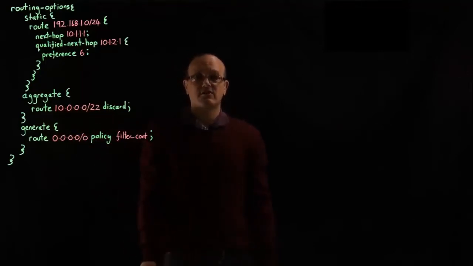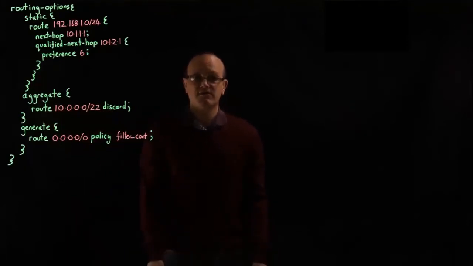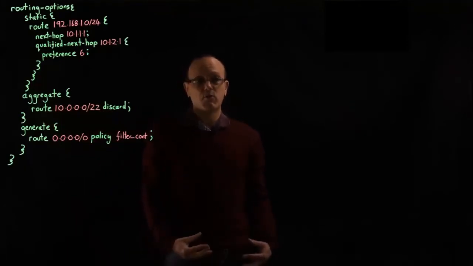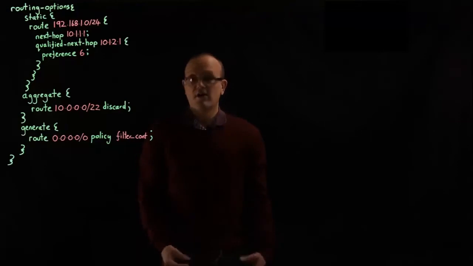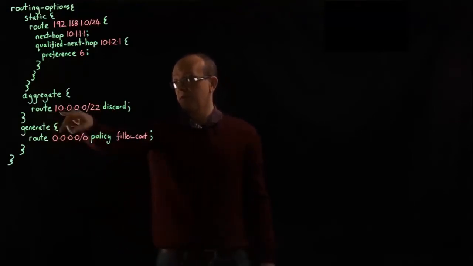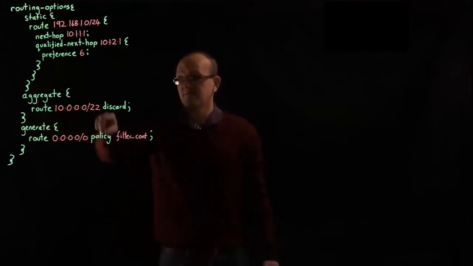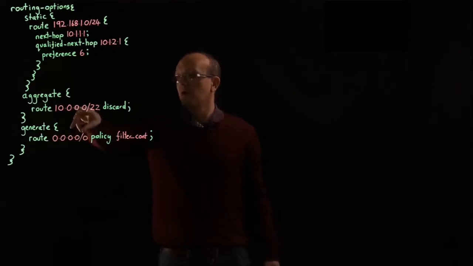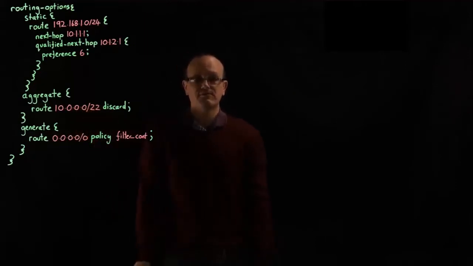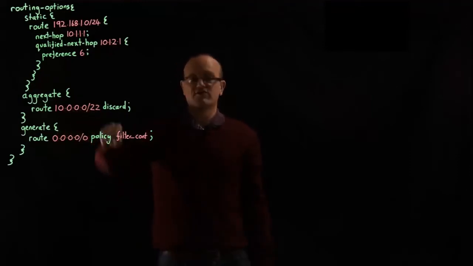So we're specifying the route and we're specifying the network. The key thing to note here is that this route does not appear in the routing table until there is one or more contributing routes. So that's one or more routes that are more specific than it, that are appearing within its definition. So in this case, if we had 10.0.1.0/24, that appears within 10.0.0.0/22.